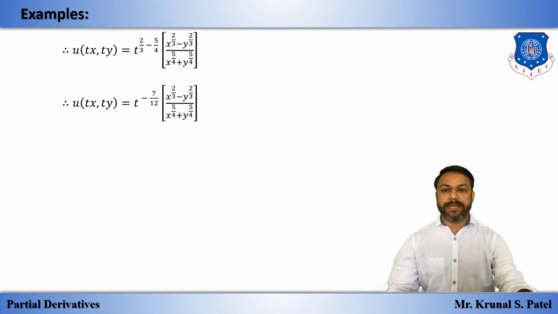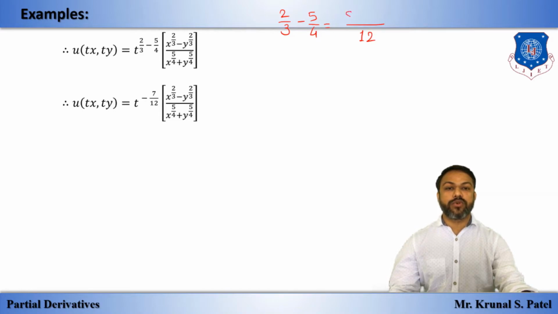Okay, this step: t raised to 2 by 3 minus 5 by 4. By taking LCM, 2 by 3 minus 5 by 4, the LCM is 12. So 4 multiplied with 2, 4 twos are 8, minus 3 multiplied with 5, we have 15. So 8 minus 15 is minus 7 by 12.